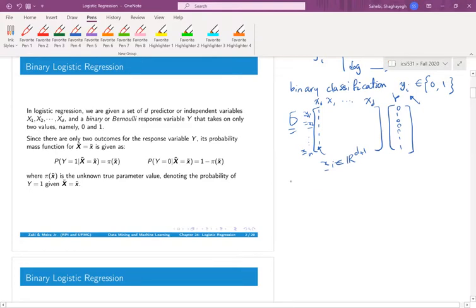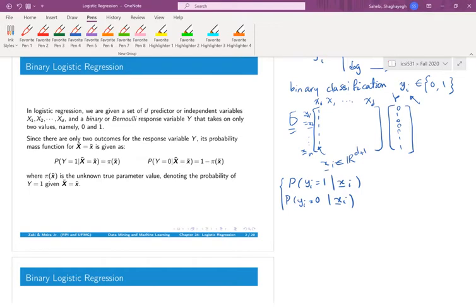So I'm looking at the probability that yi is 1 given the xi that is given to me, and also the probability that yi is 0 given this input xi. If I find both of these, because yi can be either 1 or 0, I have my full probability mass function, right? Just for the sake of simplicity, let's assume that this is equal to a value pi of xi.